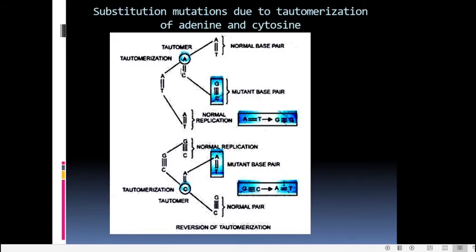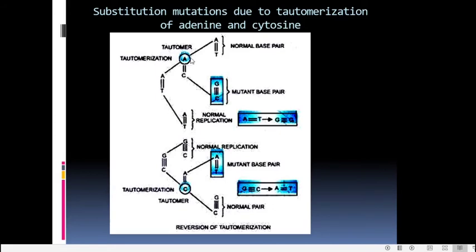So this A initially was in normal form. It converted to the tautomeric form and then underwent replication. During that replication, it paired with C instead of T. By the time the next replication occurs, the A must have reverted to its normal form, but C is still there.